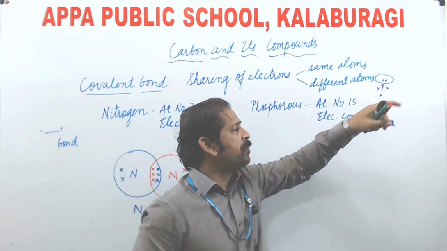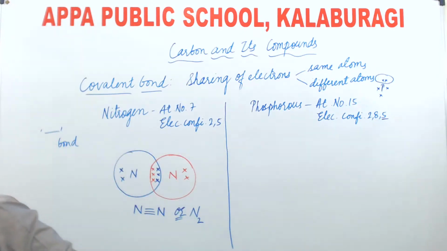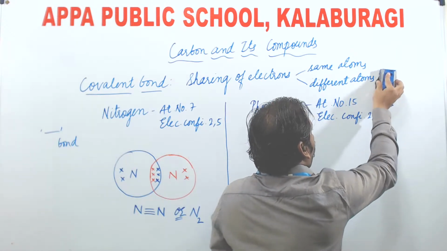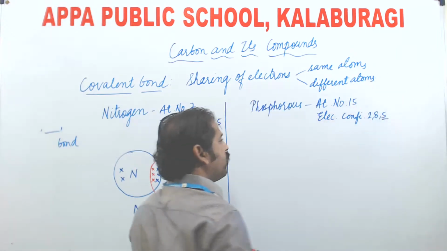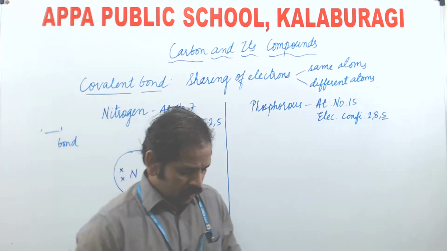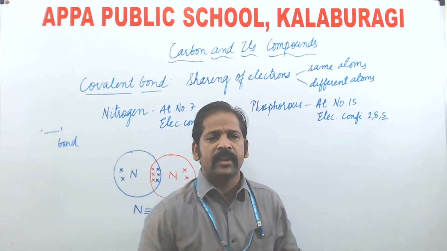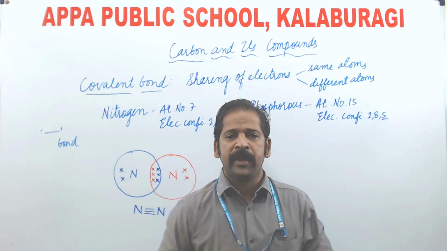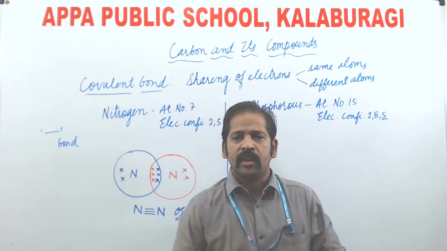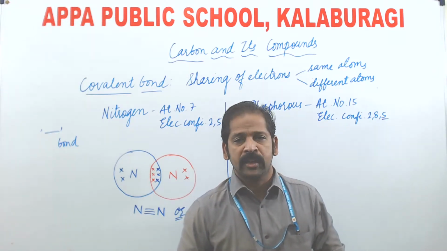So I am using the words paired and unpaired because these are most important here. If you go for the 11th, you will get a new theory. It is called VSEPR. I repeat, VSEPR: valence shell electron pair repulsion.